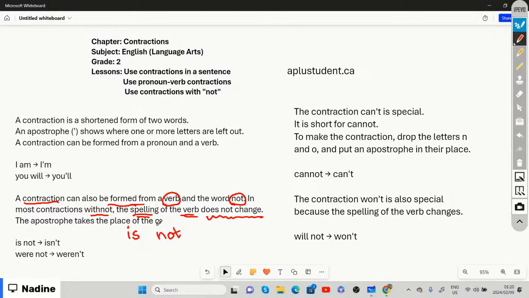And we said the verb does not change, so we bring the verb down, which is is. And we said that we will only remove the O, right? And we put the apostrophe in its place, which means that we're going to bring the N down, we remove the O, we put the apostrophe in its place, and then we bring down the T. So is not stands for isn't.